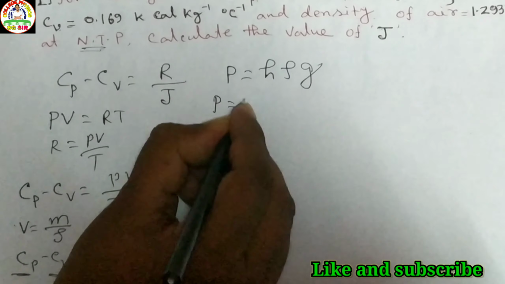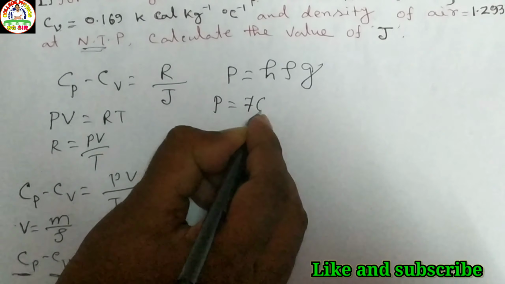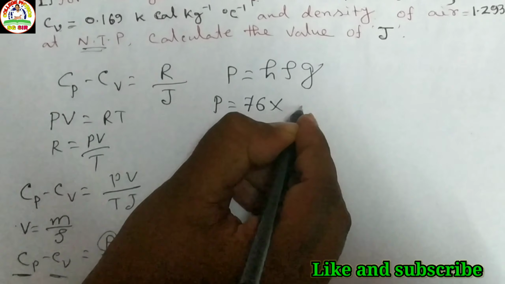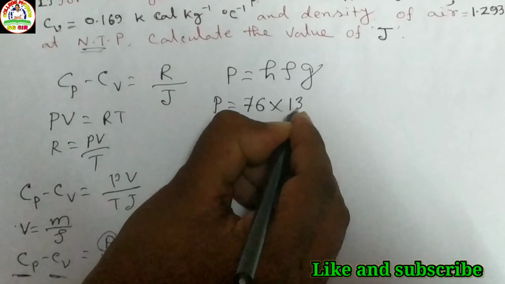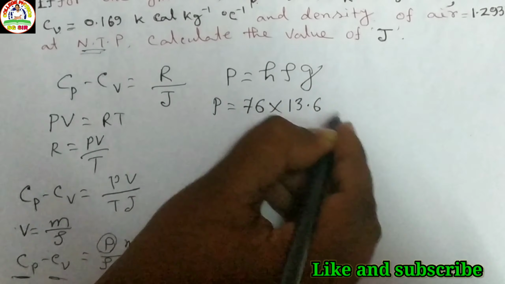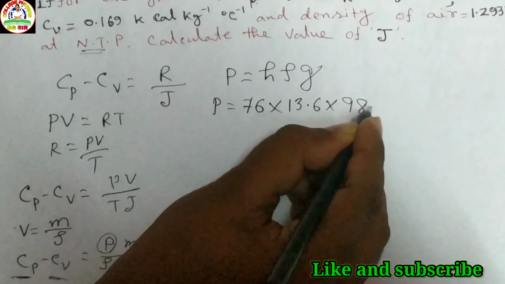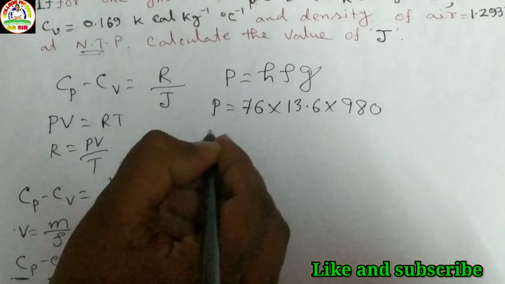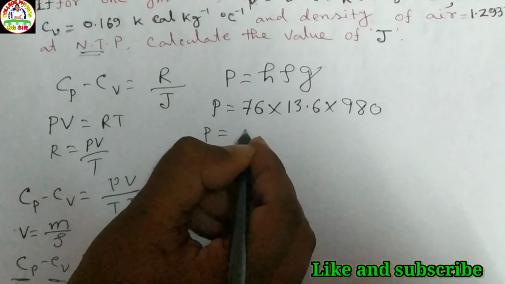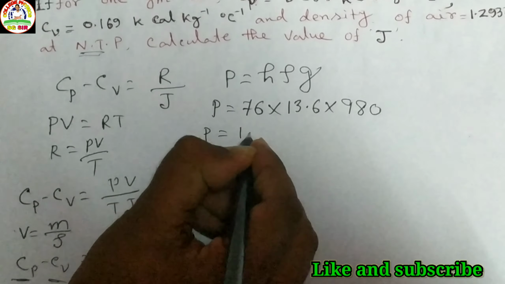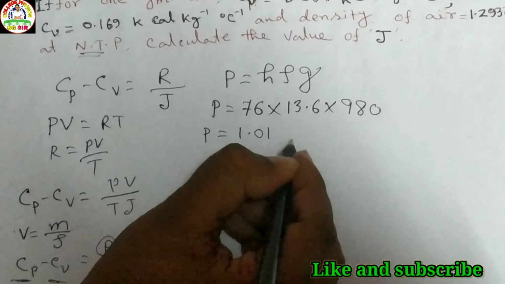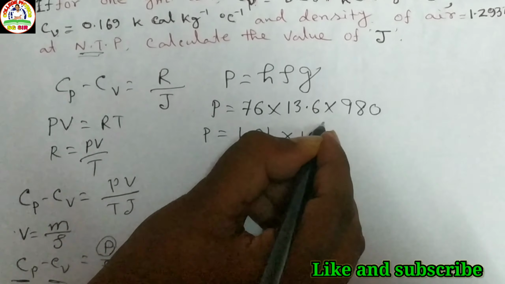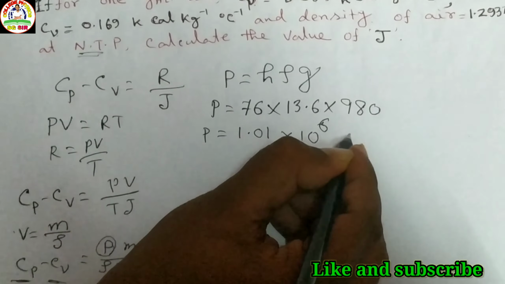So P is equal to h, meaning height 76 centimeter, into rho, meaning density of mercury 13.6, and g we know is 980. If we calculate, we get P equal to 1.01 into 10 to the power 6 units.